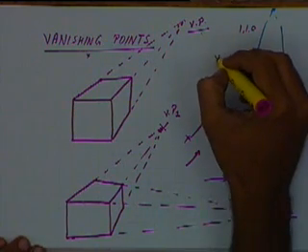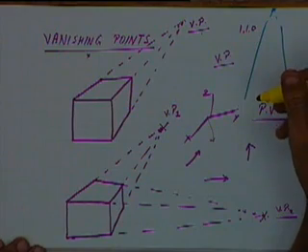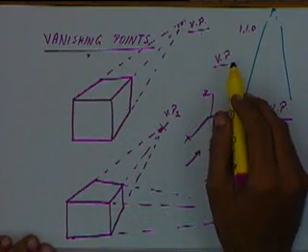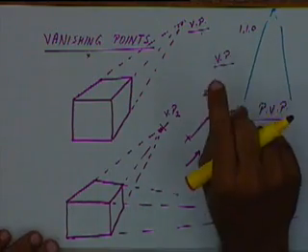That will also be a vanishing point, but not a principal vanishing point. A principal vanishing point corresponds to the three principal axes. A vanishing point is any point from where a set of parallel lines would seem to emerge in a perspective transformation. The set of lines may or may not be parallel to a principal axis, but for principal vanishing points, the lines have to be parallel to one of the principal axes. So this is how we define vanishing points.